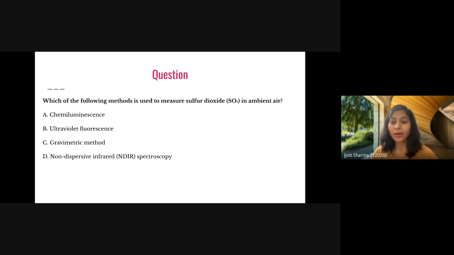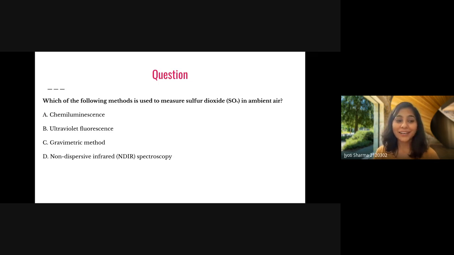You have to tell me the method by which we can measure sulfur dioxide in ambient air. We have four options: chemiluminescence, ultraviolet fluorescence, gravimetric method, and non-dispersive infrared spectroscopy. I'm getting option D, but I'm afraid that this is not the right answer.